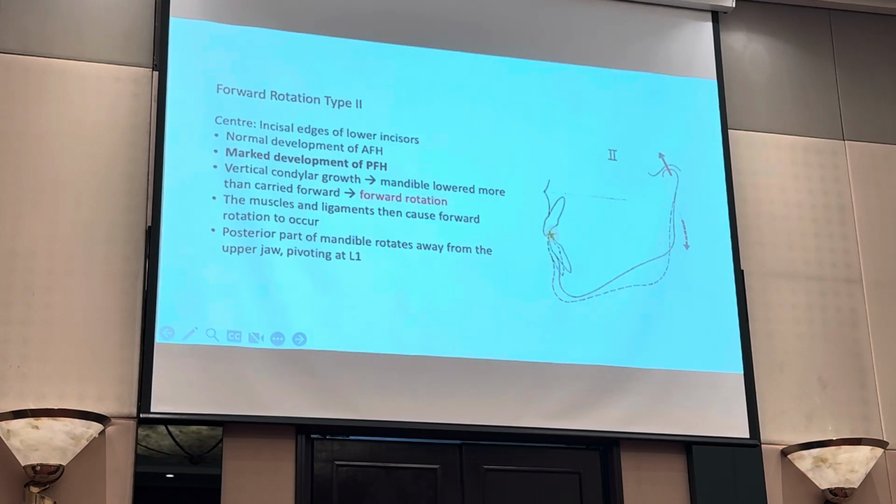Now the second type of rotation is where the center is basically at your incisor edges. Okay, so the stop is here, right? You will have normal development of the anterior face height and marked development of the posterior face height.